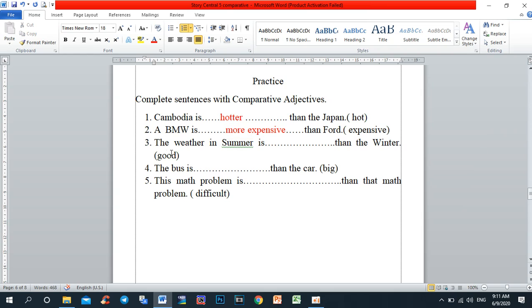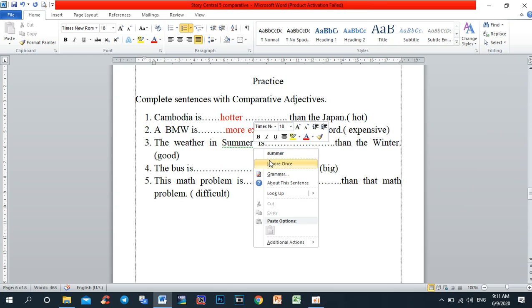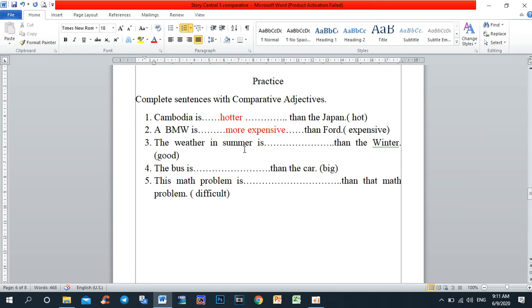Okay, and this one, the weather in summer is, than the winter, and good. So it is better. So better, it is an irregular form. It needs to change. So the weather in summer is better than the winter.